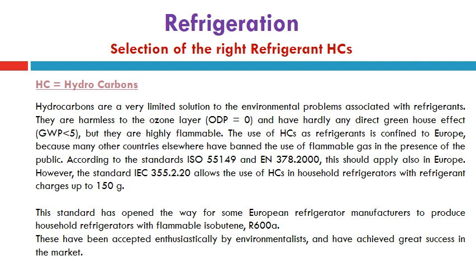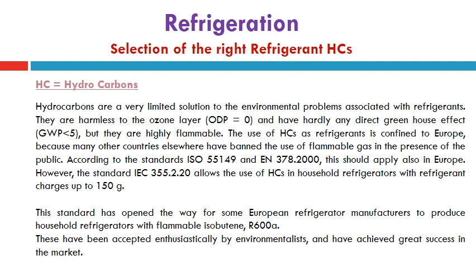According to the standards ISO 5149 and EN 378:2000, this should apply also in Europe. However, the standard IEC 335-2-24 allows the use of HCs in household refrigerators with refrigerant charges up to 150 grams.